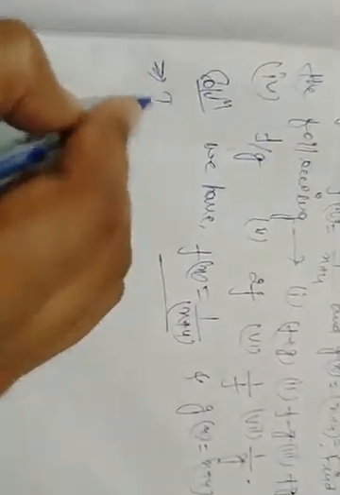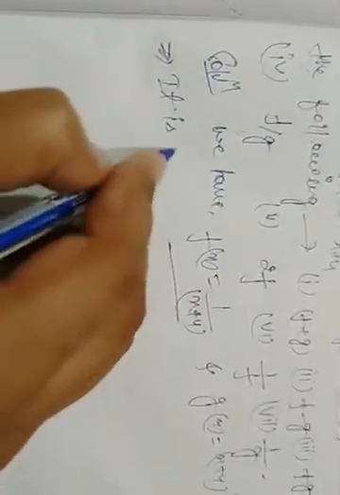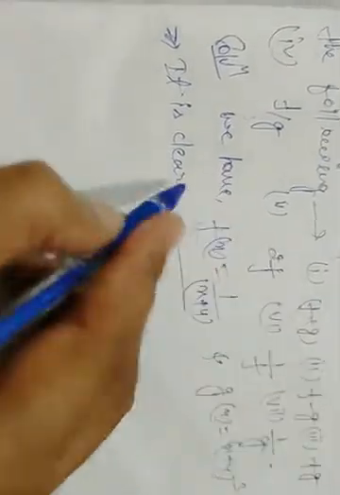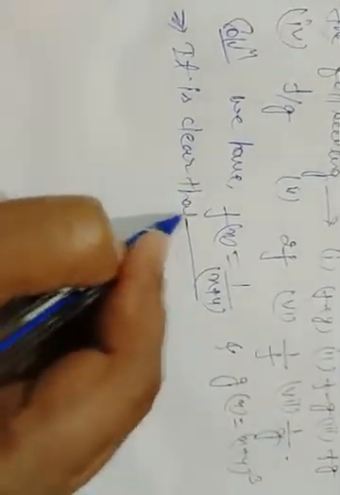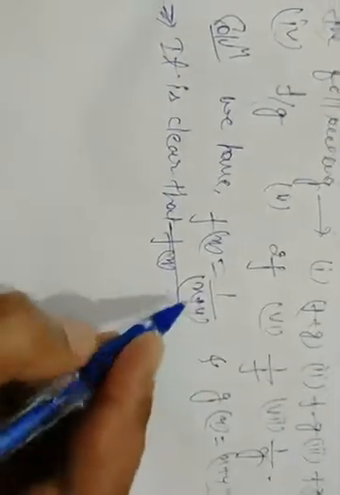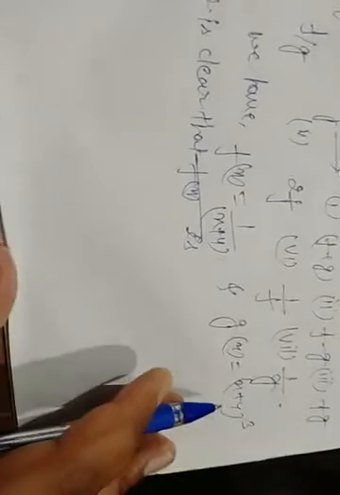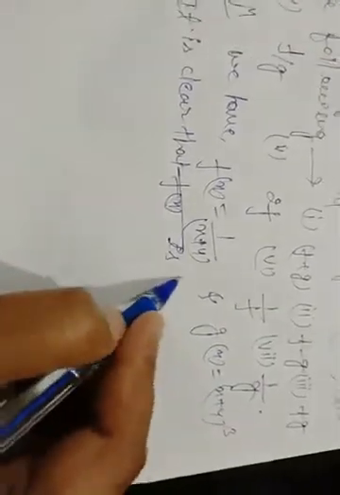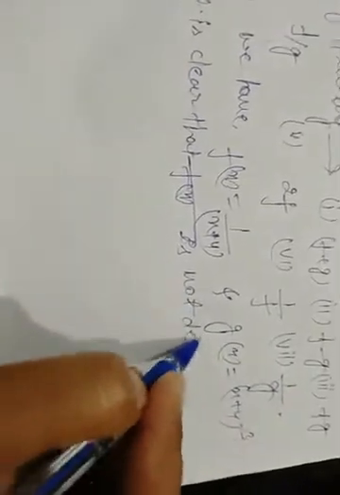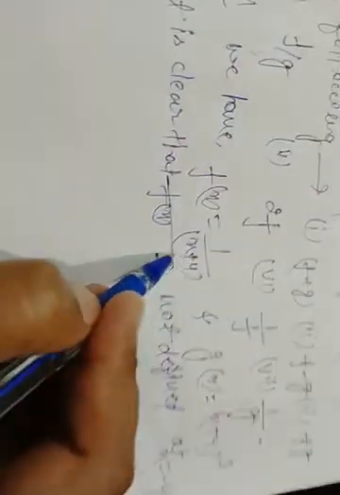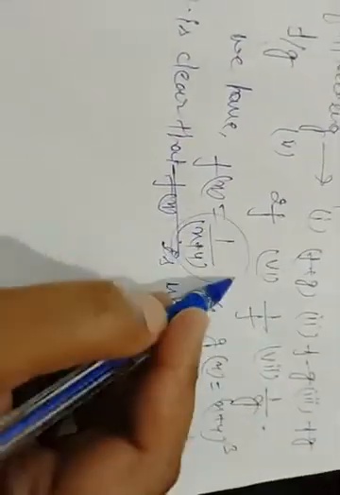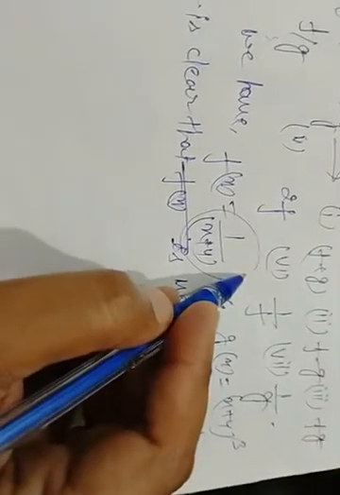It is clear that the function f of x is not defined at x is equal to minus 4, because if we put x is equal to minus 4, then this tends to infinity, that is not defined.